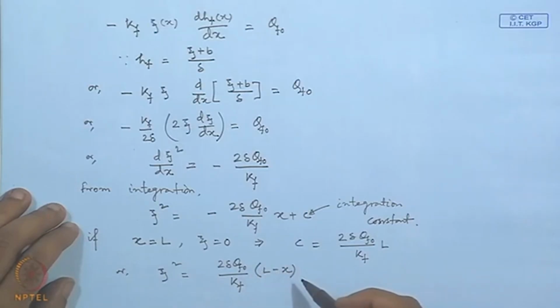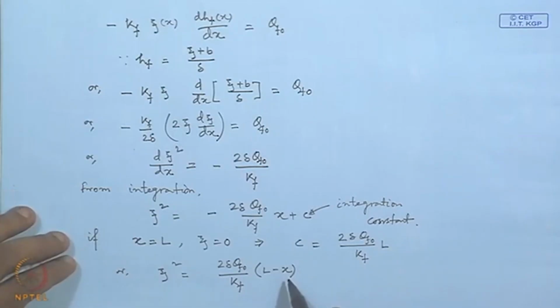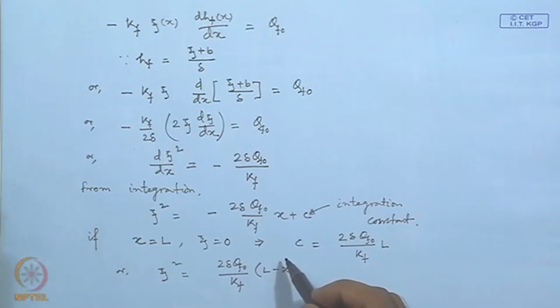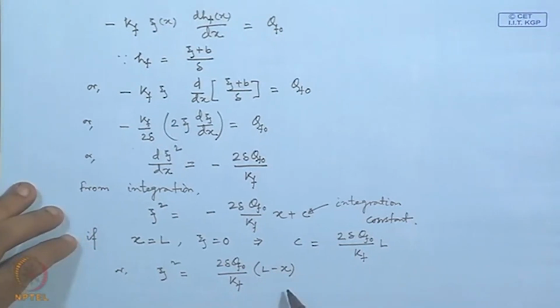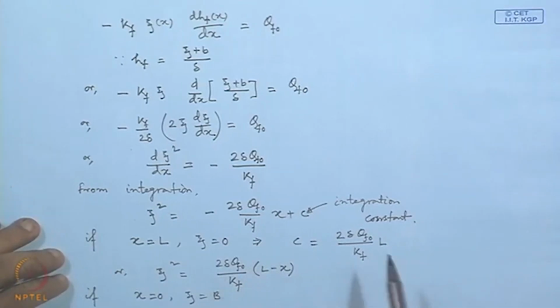So, important thing is that we have considered our coordinate system from toe location towards left. So, if we have x equals to 0, that is at the location of toe we have xi equals to b, which is again b is the depth of the confined aquifer.